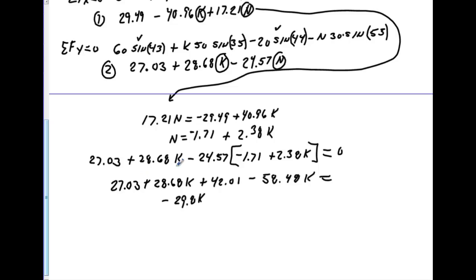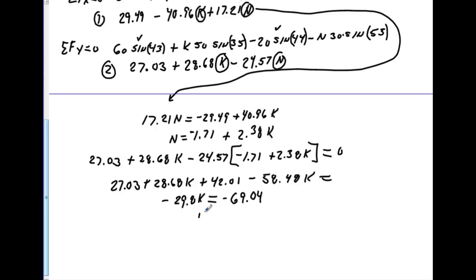We'll go ahead and add this one and this one together. We're going to move it to the other side. So 27.03 plus 42.01. Again, we move it to the other side, it becomes negative 69.04. Now all we have to do is divide everything by negative 29.8.